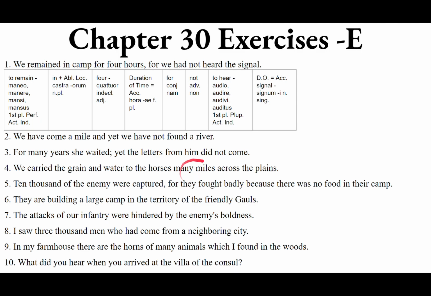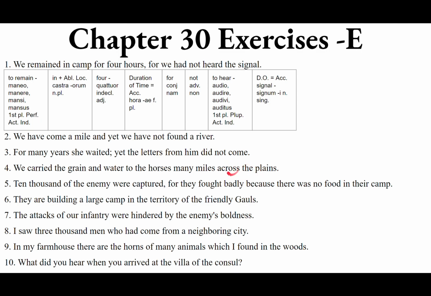And how far did we do the action? How far did we carry the direct object? Many miles, many thousands of paces. Multus agreeing with milia, milium, and then the partitive genitive passuum. So multa milia passuum. And where? Whither?